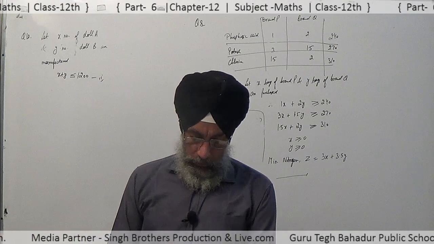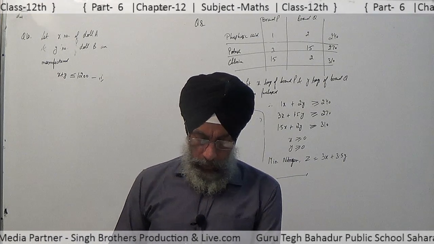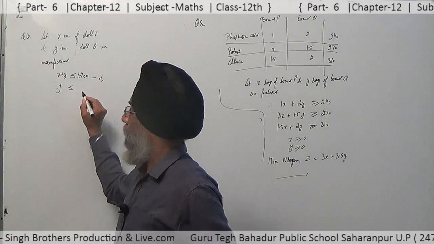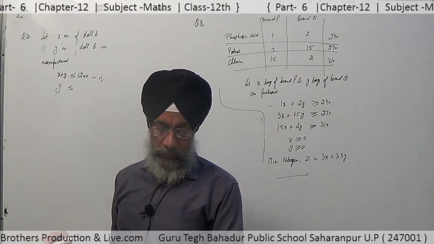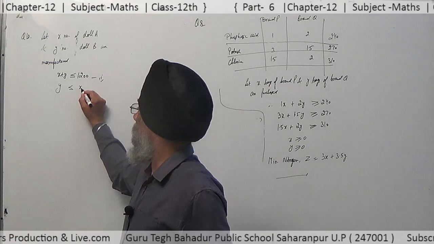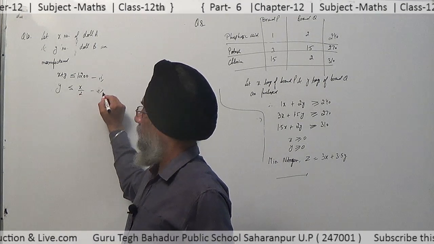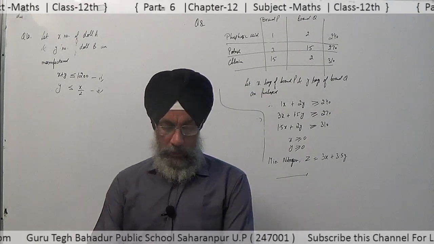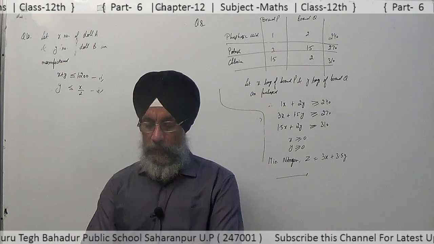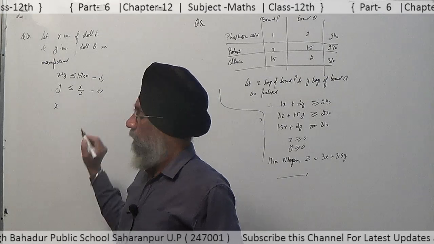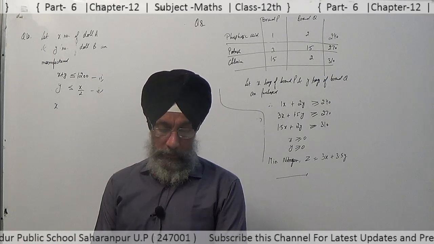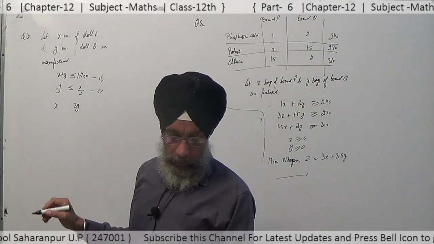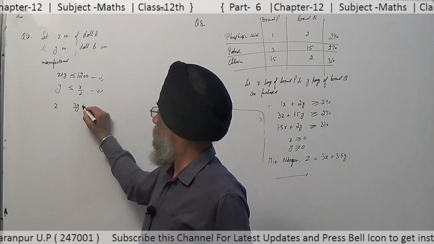Moreover, demand for the doll of type B is at most half. B is y, so y is less than or equal to half of that for the doll of type A, that is x upon 2. Second equation. Then the production level of doll of type A, that is x, can exceed 3 times the production of B by at most 600 units.